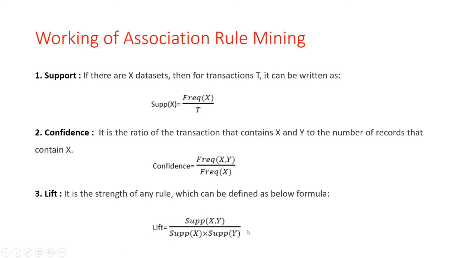Here X and Y are independent of each other. So if you are considering independent X and Y variables, it has three possible values.